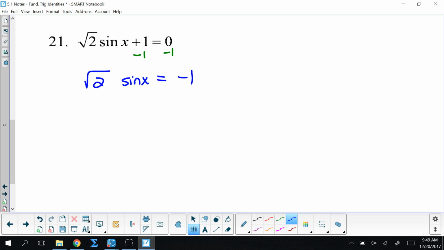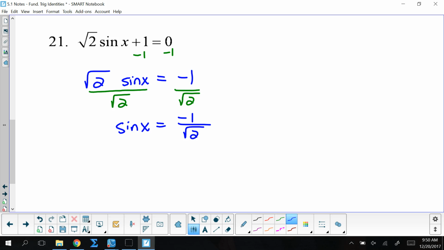Then what would you do? Divide both sides by the square root of 2. That gives me the sine of x equals negative 1 over the square root of 2.